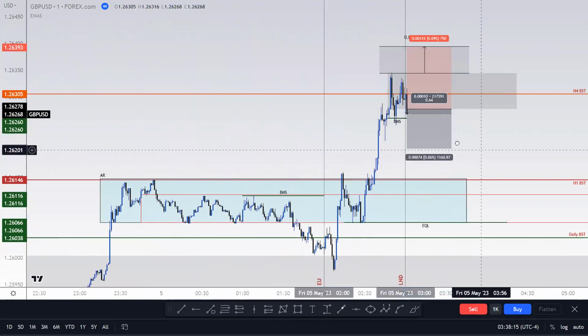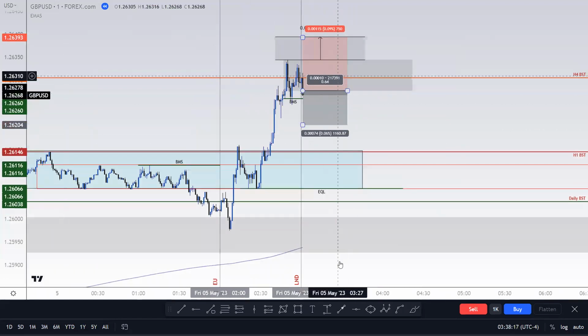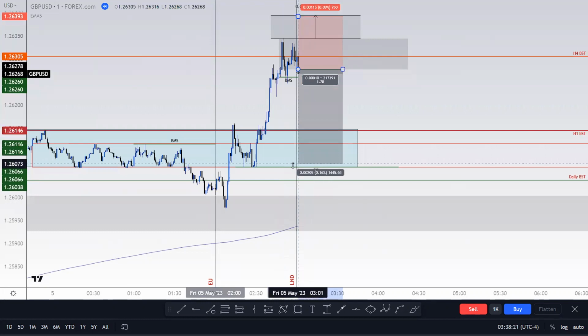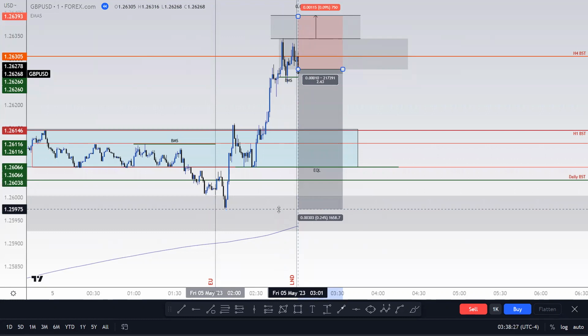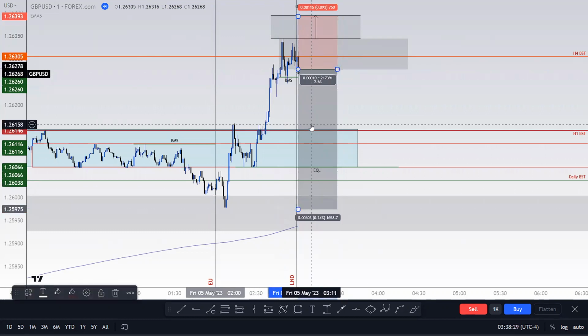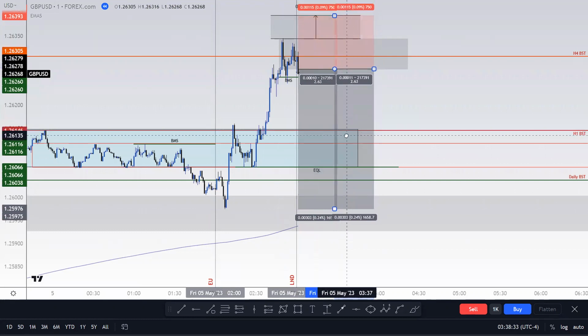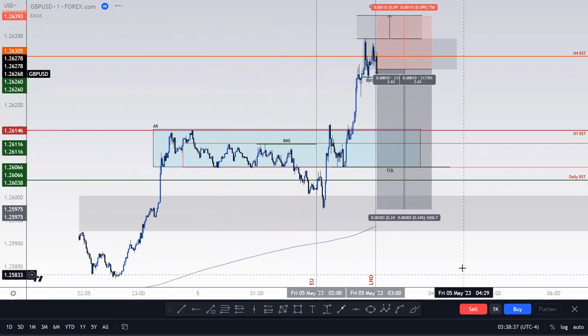In terms of targets, because this is a reversal move, the first target would be the equal low down here. If you could get a 1 to 2, fine; if you couldn't get a 1 to 2, then your first target should be the low of the range. So TP1 is the low of the Asian range.